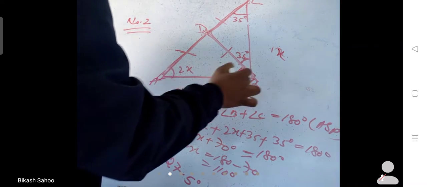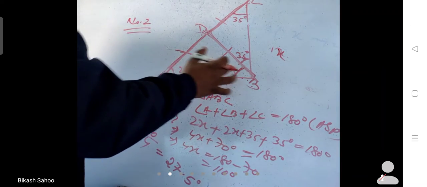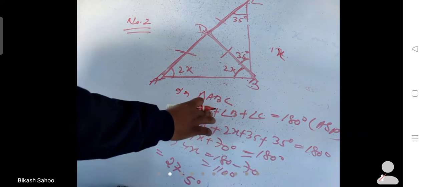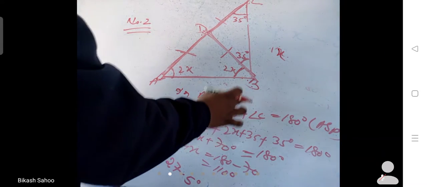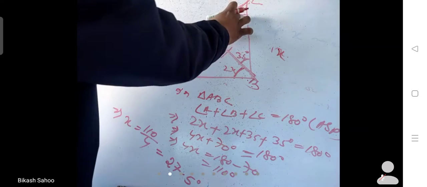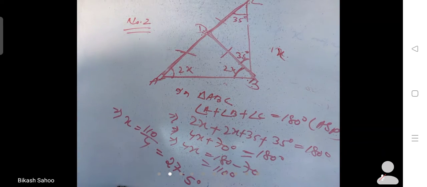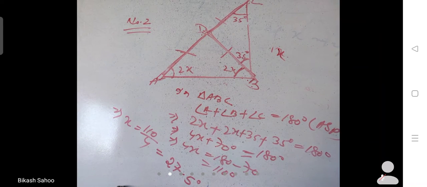Then in the whole triangle ABC, angle A plus B plus C is 180. Then angle A is 2x, B is 2x plus 35 and C is 35, equal to 180. By simplifying this equation, you find the value of x. Okay. Yes or no?